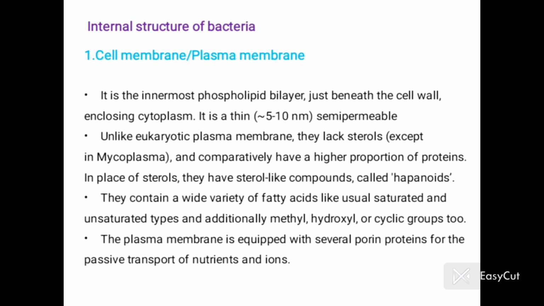They have sterol-like compounds called hopanoids. They contain a wide variety of fatty acids, usually saturated and unsaturated types, additionally with methyl, hydroxyl or cyclic groups too. The plasma membrane is equipped with several porin proteins for transport.